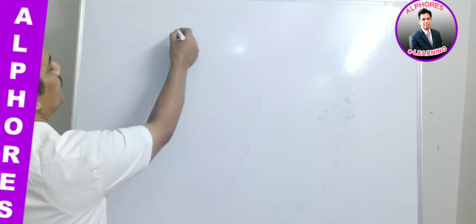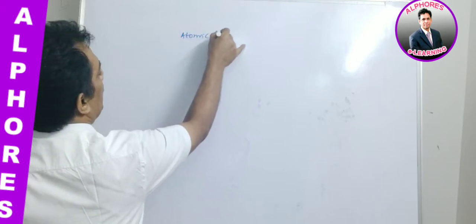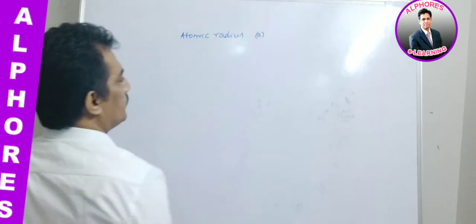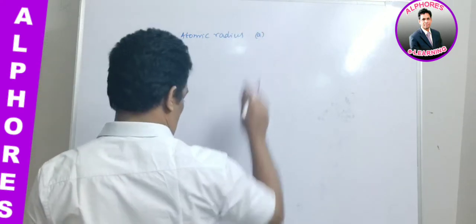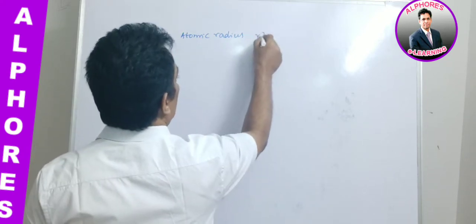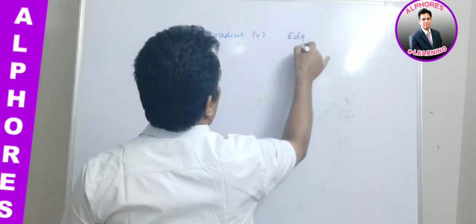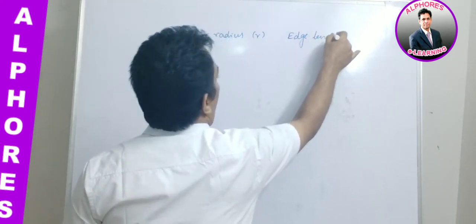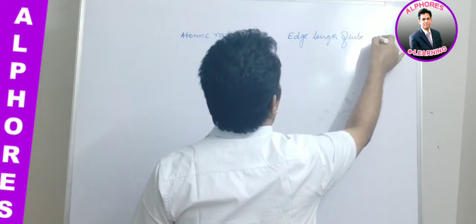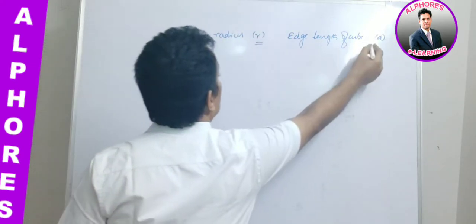Just you remember, atomic radius, sorry, atomic radius R, not A, it is R. And then edge length of cube is A. We have to find this R with respect to A.